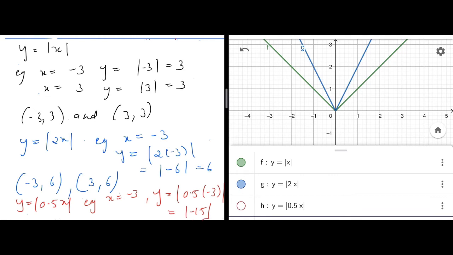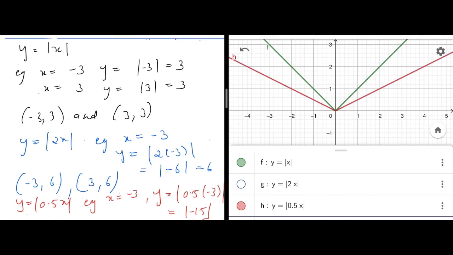So for the same value of x, now I am getting a lower value of y. It means my line will become less steep. Line will move away from the y axis, and if we try to plot this graph, we get a graph which will be broader than the original graph.